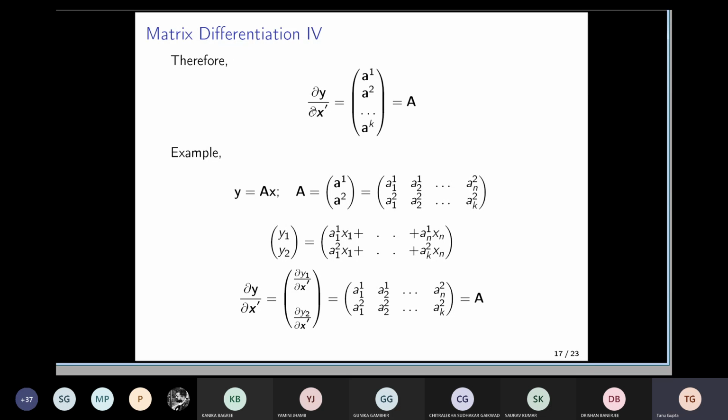So del y by del x prime will be del y1 by del x prime, del y2 by del x prime, up to del yk by del x prime, and hence it will be equal to a1, a2 up to ak, which is nothing but a matrix A.